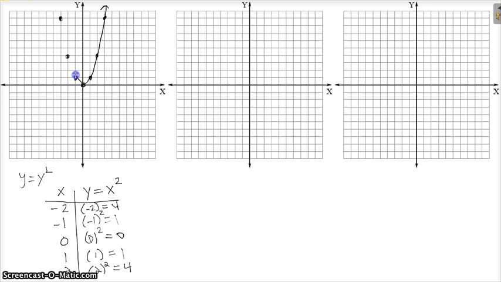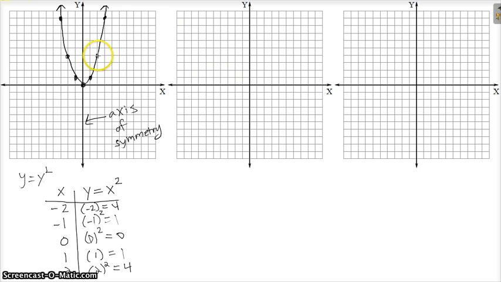All parabolas are going to have this symmetry about them. This one happens to have an axis of symmetry with the y-axis. This is what's called the axis of symmetry. So it has an axis of symmetry.